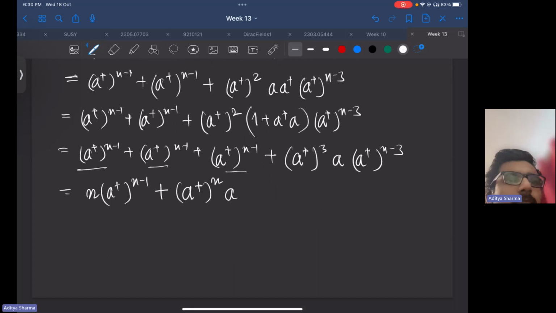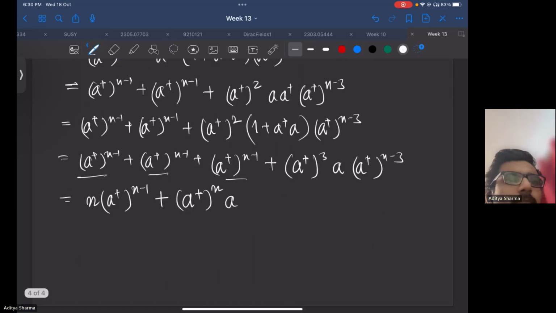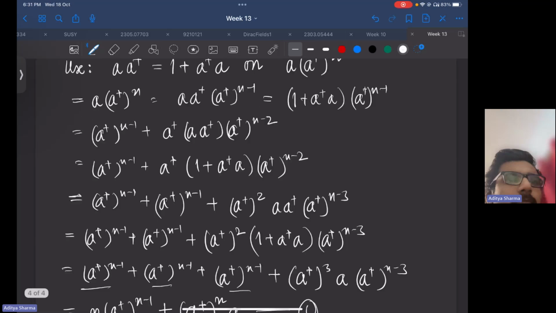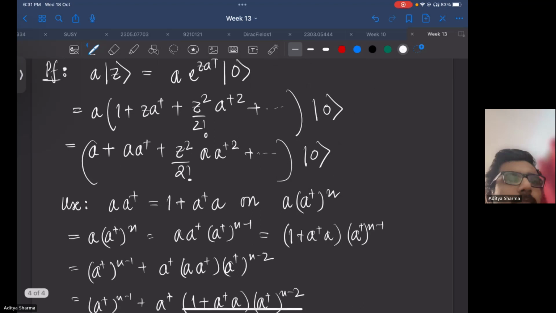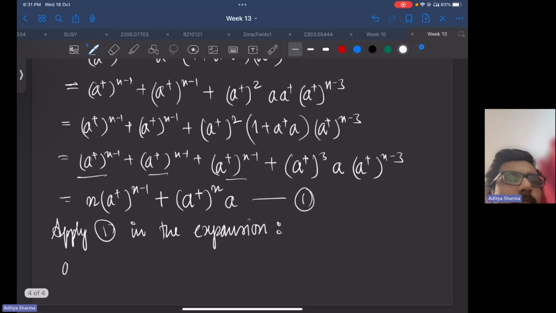This is the formula which we are going to have. So I'll just apply 1 in the expansion. Therefore, the first term is just (A + A dagger)^1 acting on 0.